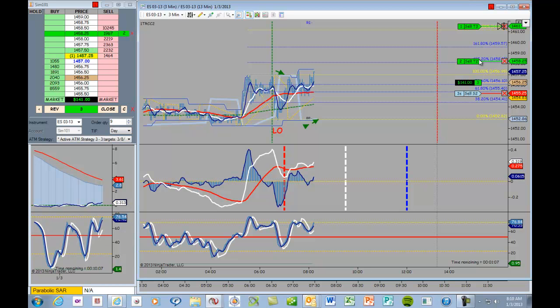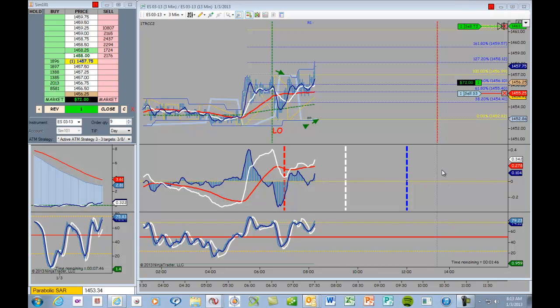So we shall see how much further this particular move will go. Obviously, time-wise, we're looking at a potential second turning point in the 9:30 Pacific time range. So we'll see where we end up around that time. Okay, back at you when there's more to talk about.